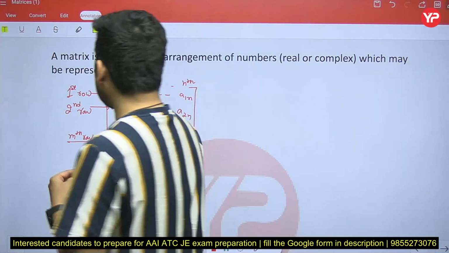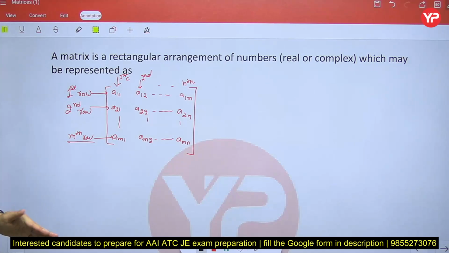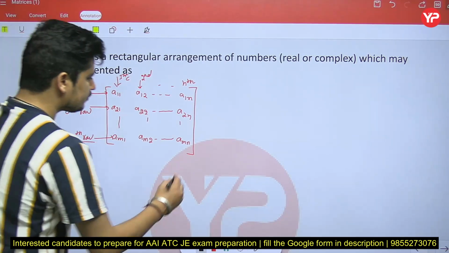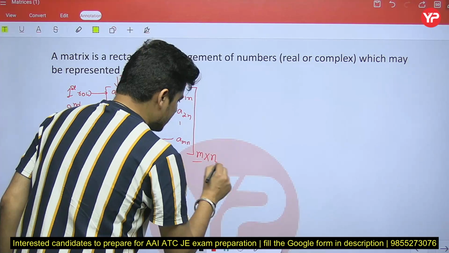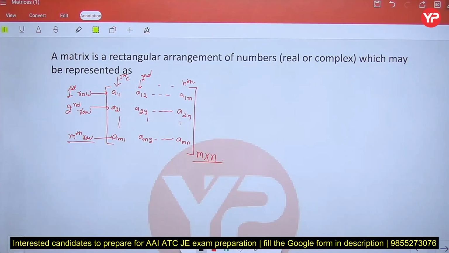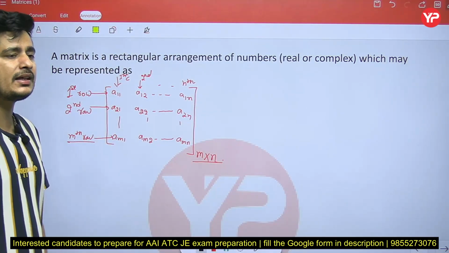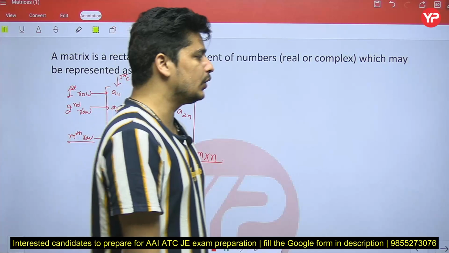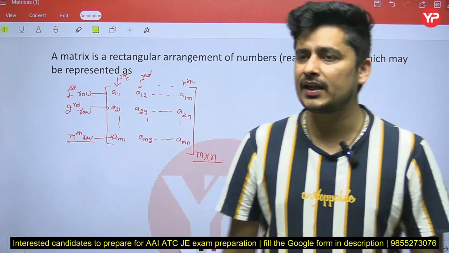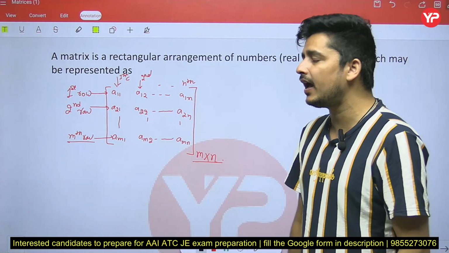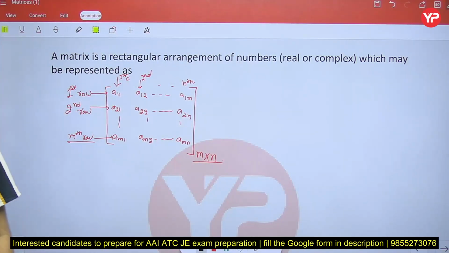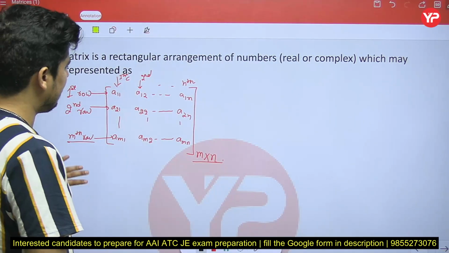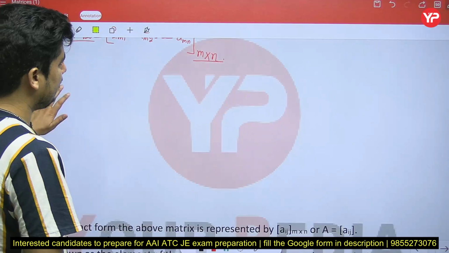So generally, when we define a matrix, we define its order. Order is represented by m cross n. The first term represents the number of rows inside your matrix, so there are m rows, and the second term represents the number of columns, so we will have n columns.